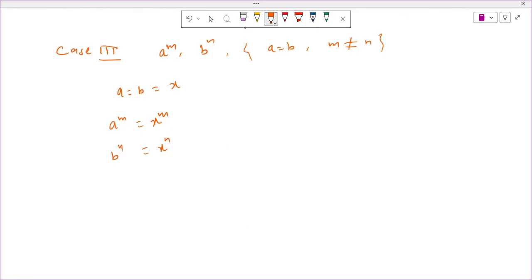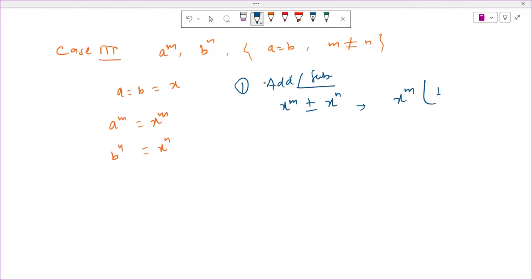Now, how can you do addition? Let's discuss addition here, right? First, addition or subtraction. If you are doing x to the power m plus or minus x to the power n, what can you do? The same thing: just take something common, x to the power m.